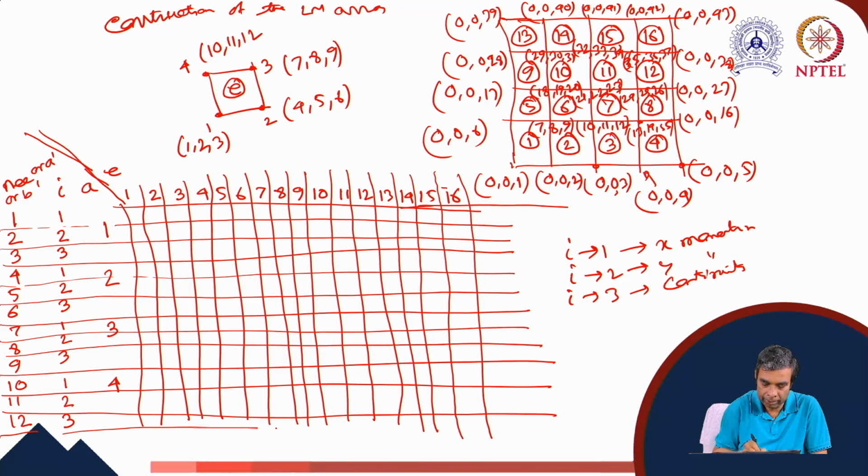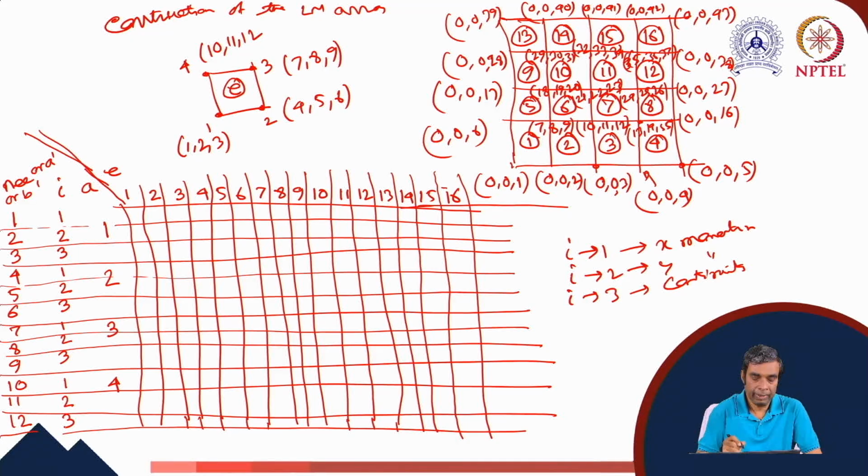This is the final one for the last continuity equation. Now let us go for the first element. For the first element, first local node, the equation numbers are 0, 0, 1.